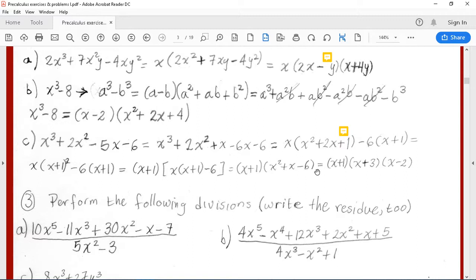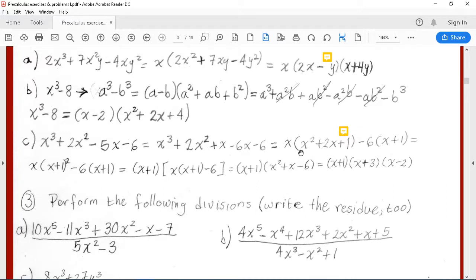So a times b equals minus 6 and a plus b equals 1, which are the factors of minus 6, either minus 1 and 6, or 6 and minus 1, minus 2 and 3, or minus 3 and 2. Which of those would give me plus 1 if I add them?